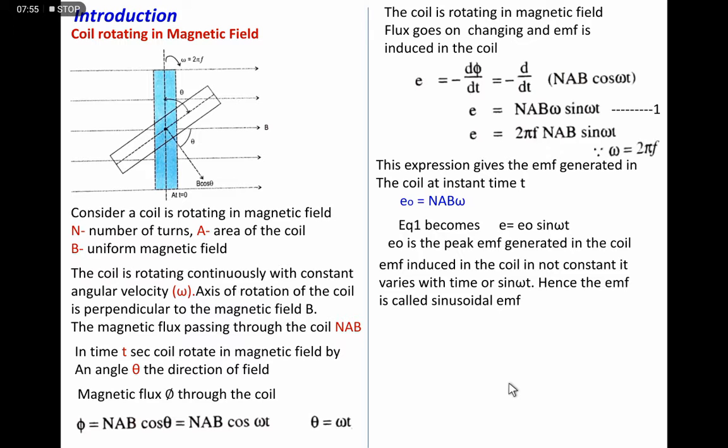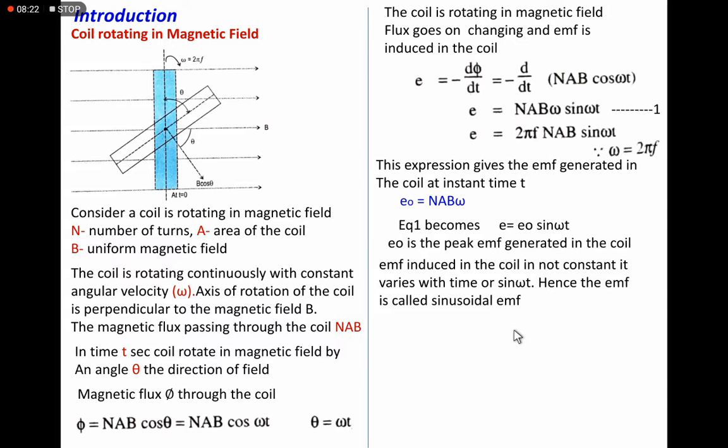It varies with the time as the sine function, hence it is sinusoidal. We know that once the EMF is generated in the coil, the current is induced, and this induced current is the alternating current.